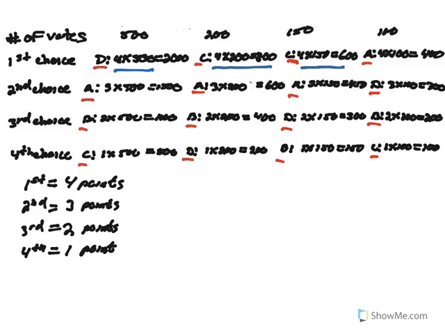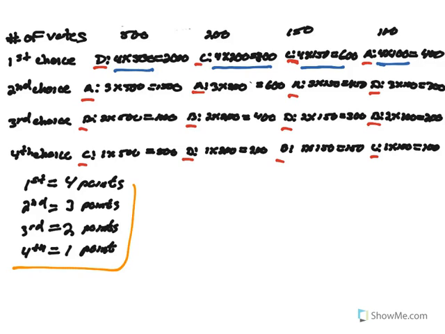And then of course the first choice for A is 4 times 100. Okay, and we just do the same thing for the rest of the letters. So you need to use this scale, this point system.